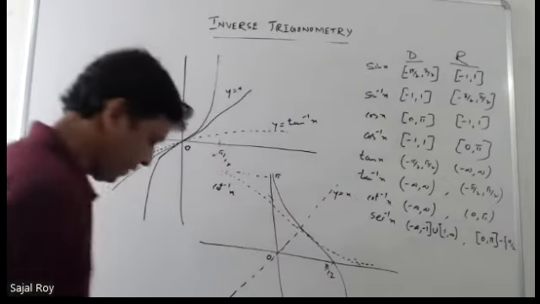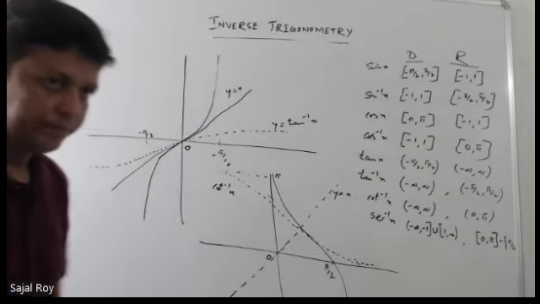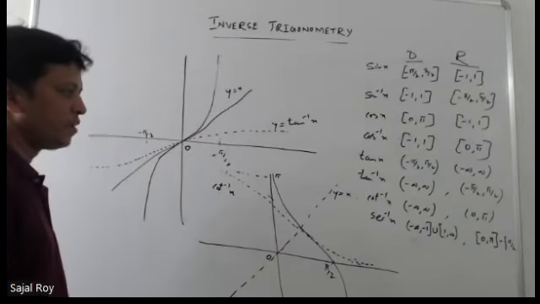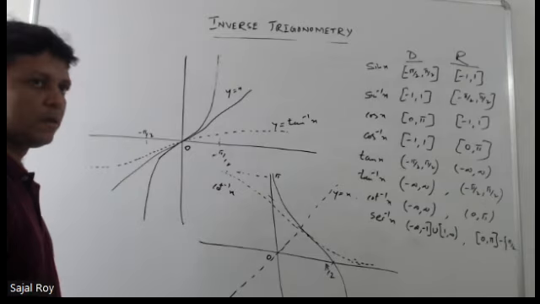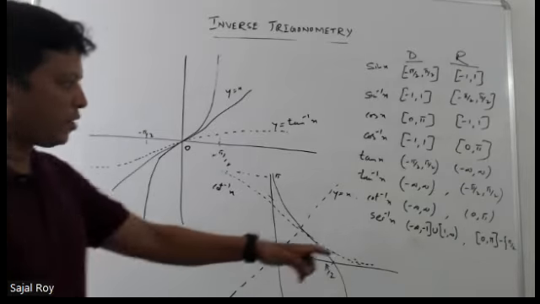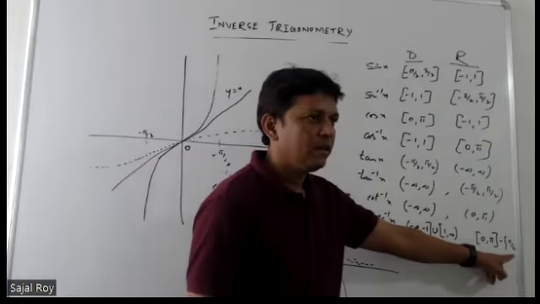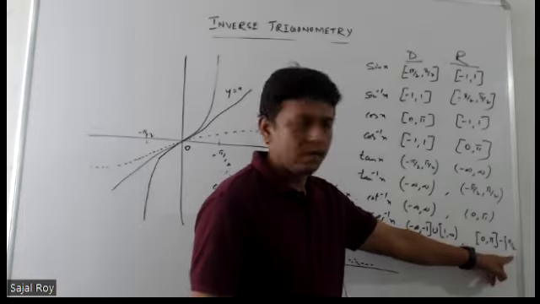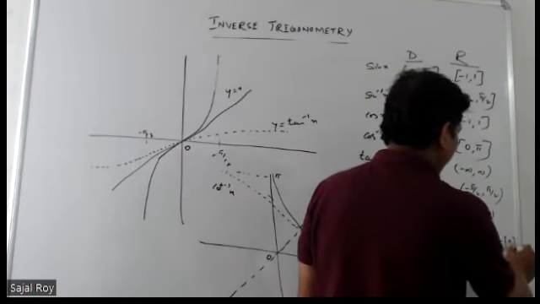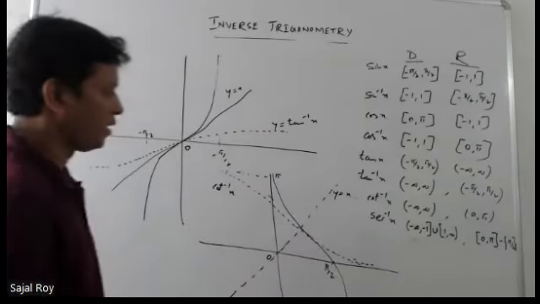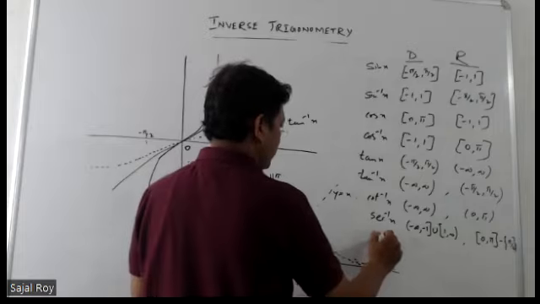Sec inverse x: because sec pi by 2 is undefined, the pi by 2 point is not there in the interval 0 to pi. Similarly, you can write cosec inverse x.